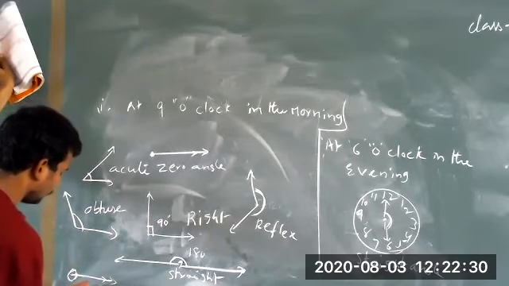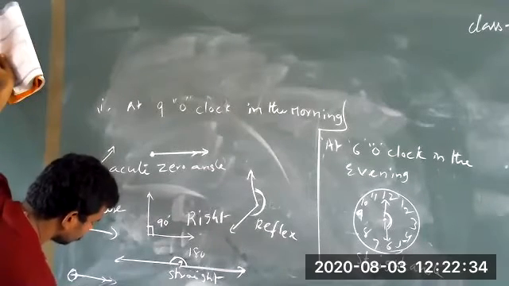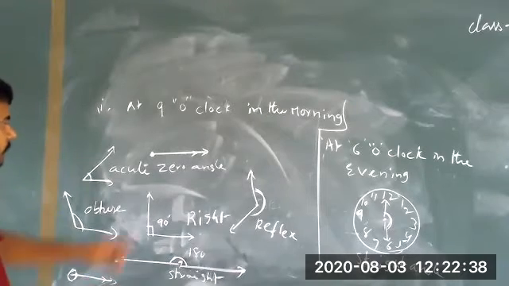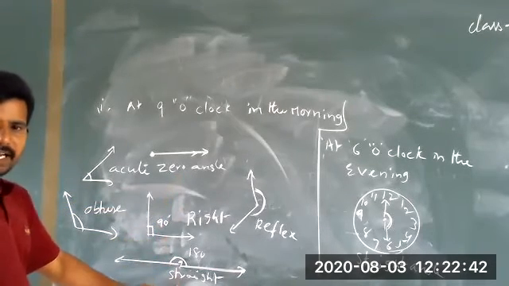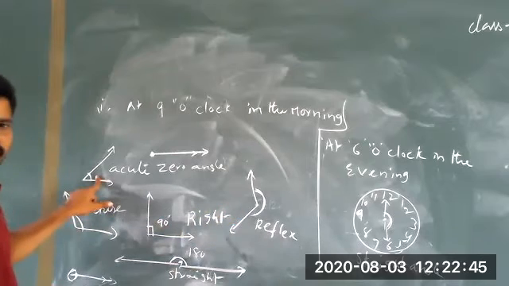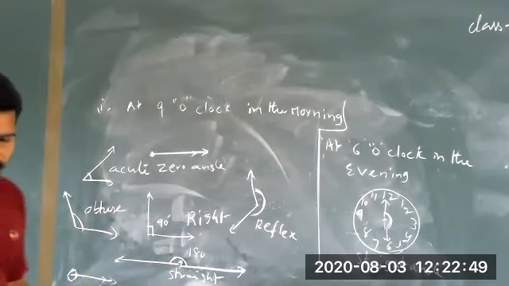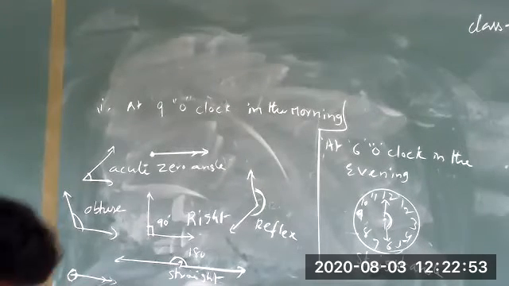Here a full round means a complete angle. This angle, what, children? Complete angle. So this is the zero angle, this is the right angle, straight angle, reflex angle, acute angle, obtuse angle, complete angle. Clear, children?